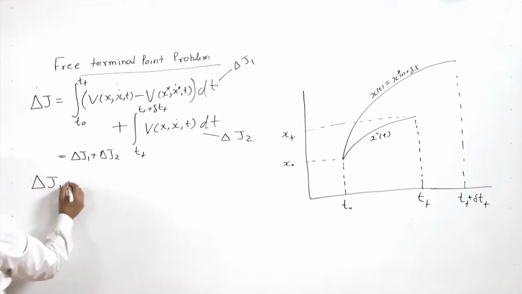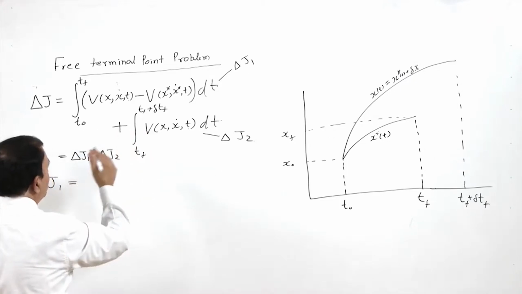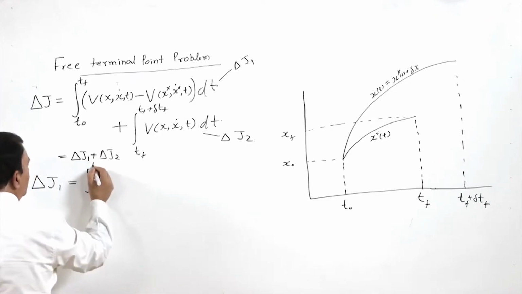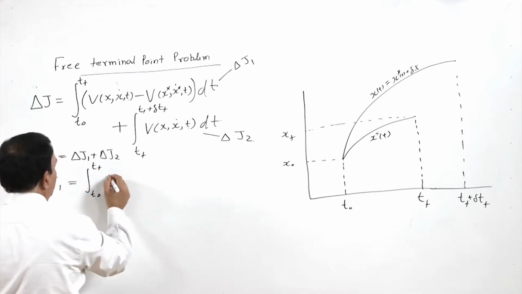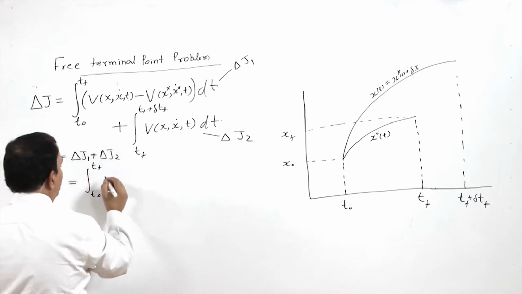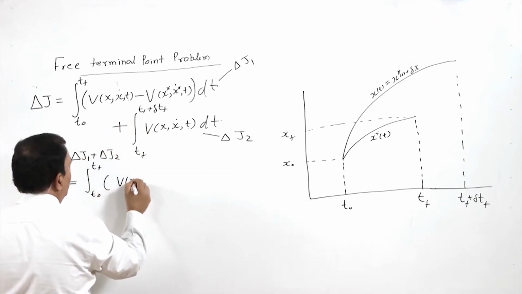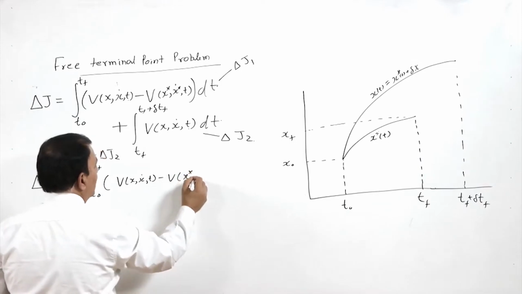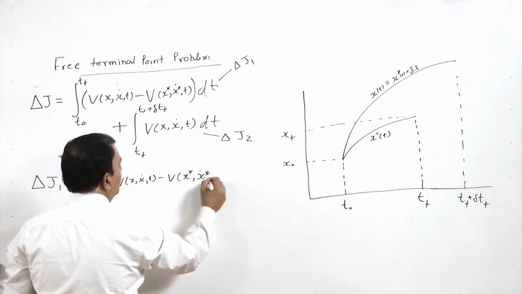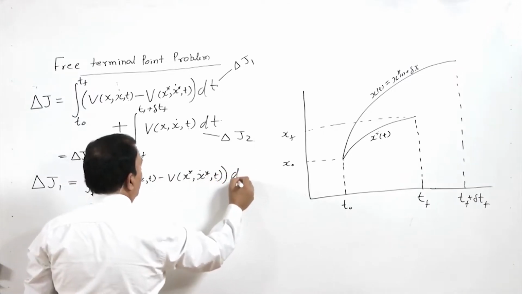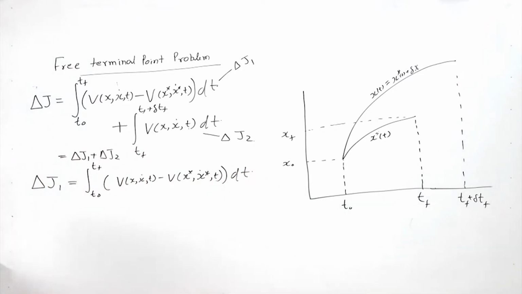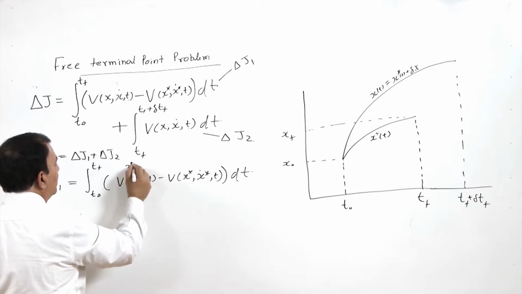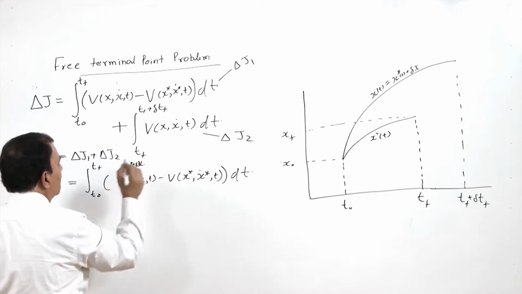Let us say delta J1 is given as the integral from t0 to tf of V(x, x dot, t) minus V(x star, x dot star, t) dt, because this x is my x star plus delta x.